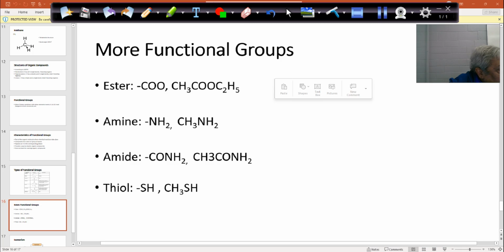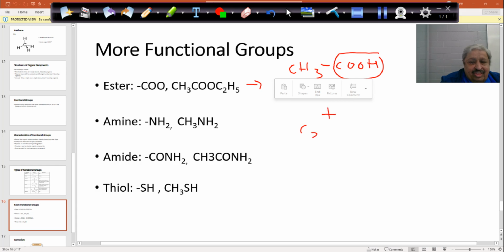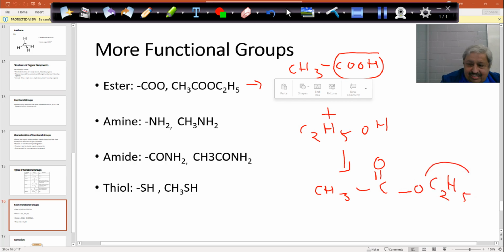If I combine an alcohol with a carboxylic acid, for example acetic acid, COOH for the acid, and bring ethanol to this, I get CH3COOC2H5. This is called ethyl acetate. Ethyl acetate is an ester.